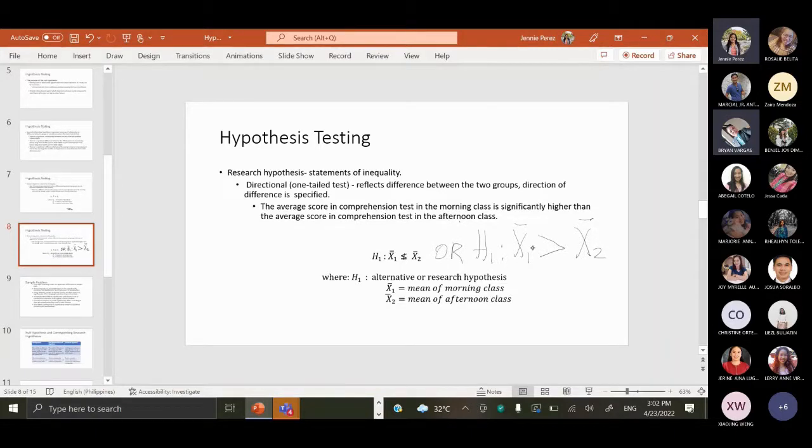Okay, the mean of the morning class is significantly higher than the mean or the average score of the afternoon class. They are just the same. So it's not equal, it's not less than, but it should be higher. So there is a specification there for a one-tailed or directional test.